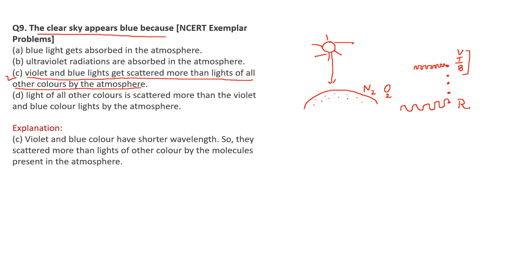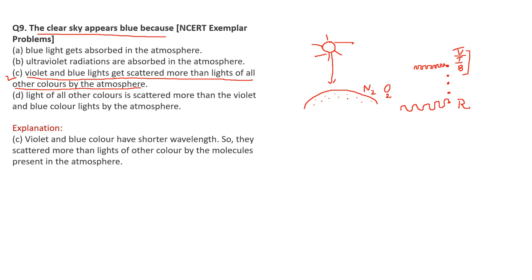Now, why can't we see the color of the sky as violet? Because the violet light is very less. In that spectrum of white light, the violet band is very less. So that's why we cannot see violet color. This is one of the reasons. The other reason is our eyes are not that sensitive to violet color. Our eyes are more sensitive to blue color.